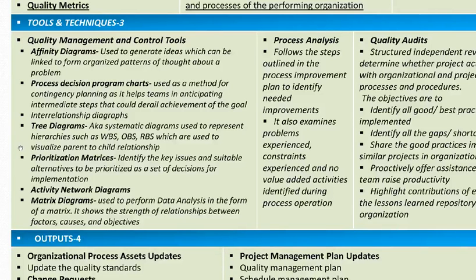The next one of the quality management and control tools is prioritization matrices, which identify the key issues and suitable alternatives to be prioritized as a set of decisions for implementation.